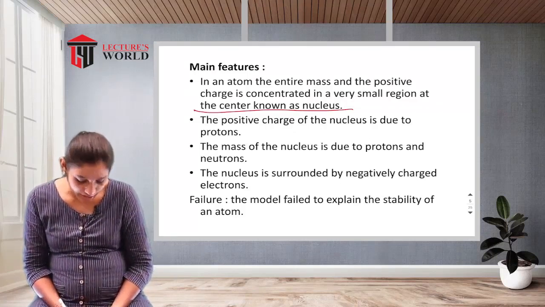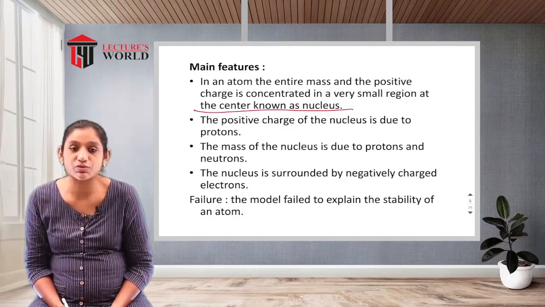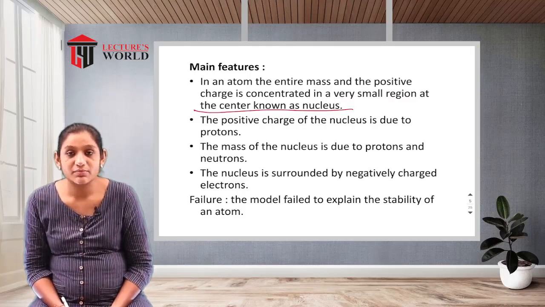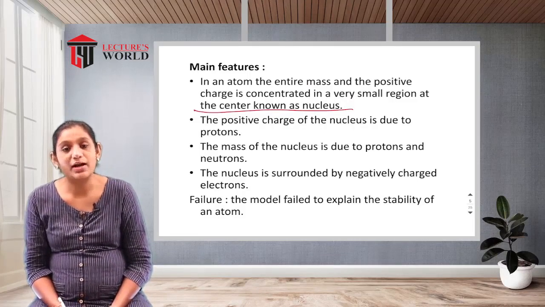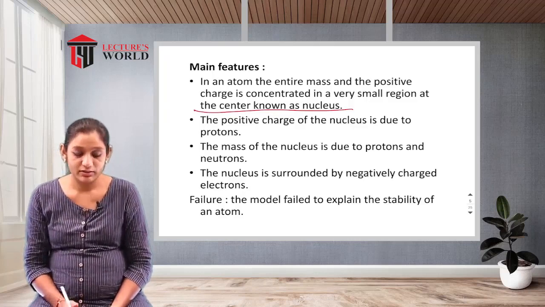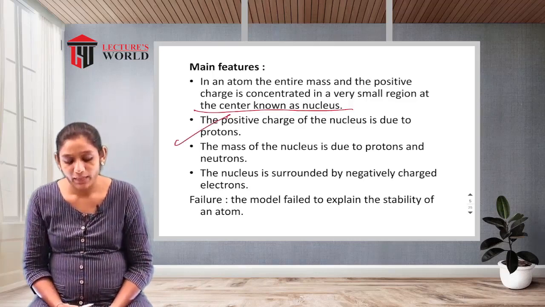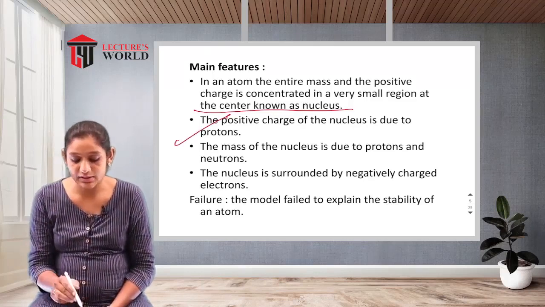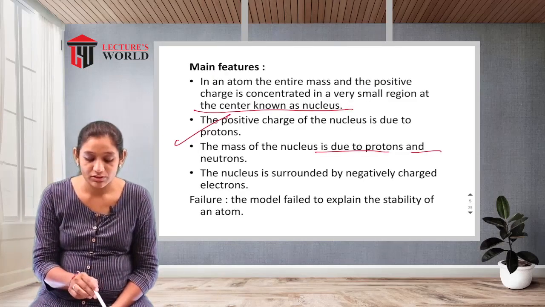The positive charge of the nucleus is due to the protons, the positive particles in the nucleus. The mass of the nucleus is due to the protons and the neutrons.